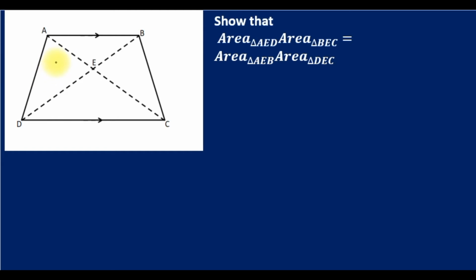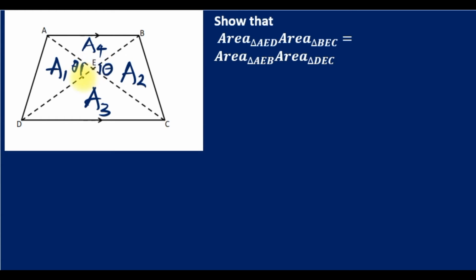So if we call this A1, this A2, this A3, and finally this A4, we're asked to show that the products of the opposite areas are equal. If you multiply this, it is equal to the product of this. Let's call the angle here theta. By the vertical angle theorem, this is also theta.